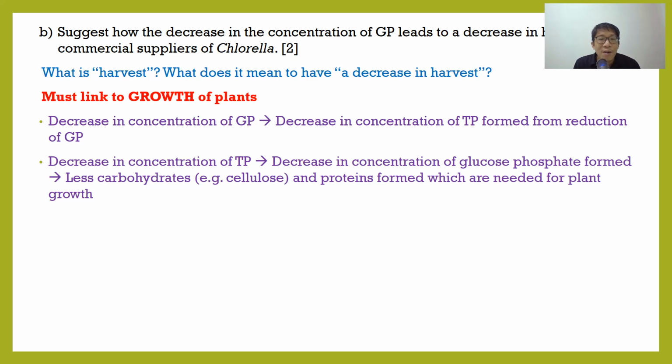So you can also explain via the energy from respiration route, if you did not talk about the production of biomolecules needed for growth. Okay, so any logical reasons that link to how growth of the plants is affected, basically.